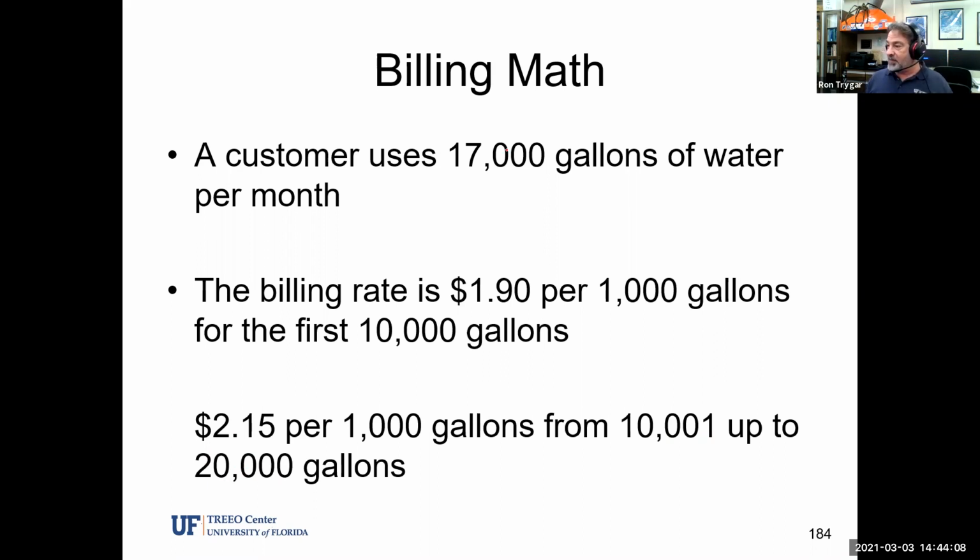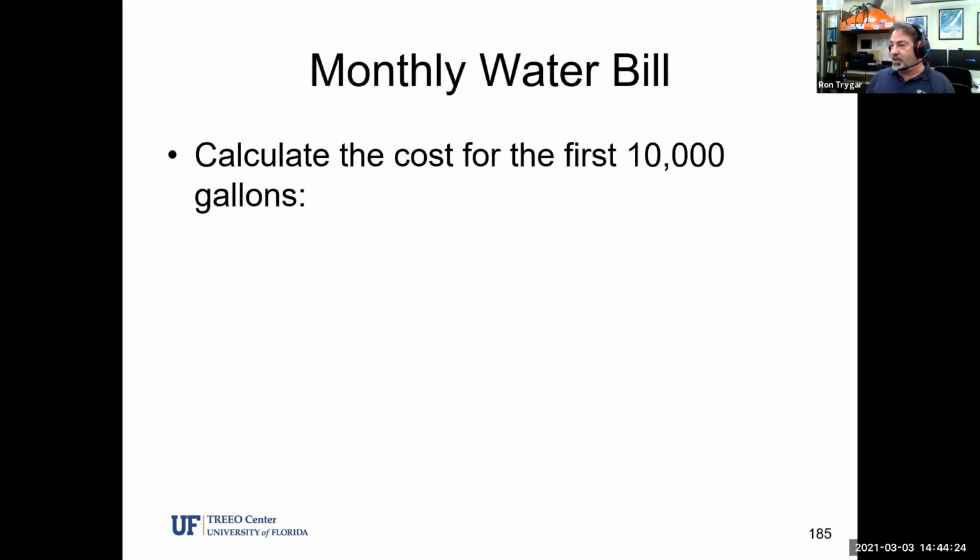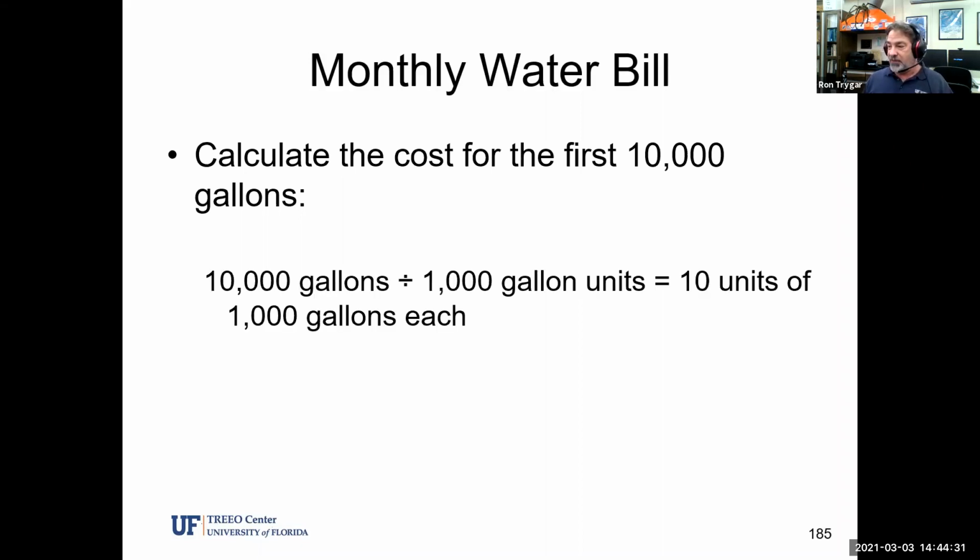So we have 17,000 gallons total. We know that the folks are going to be charged a certain number for the first 10,000, and then we have to add into that the higher rate for the difference. So let's take a look. To calculate the cost for the first 10,000 gallons, what we generally do is take these gallon units and break them into 1,000-gallon components.